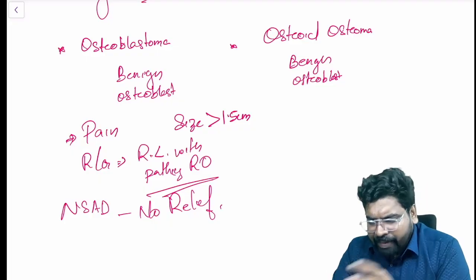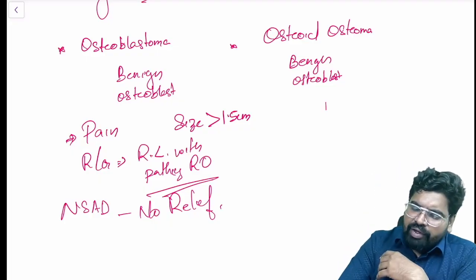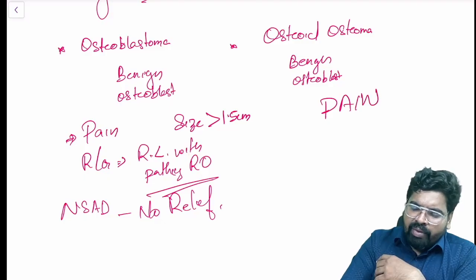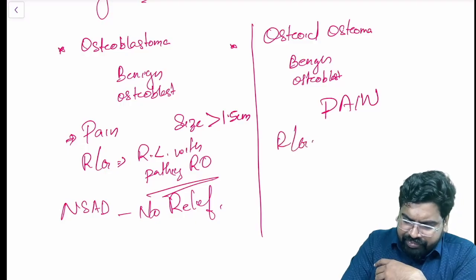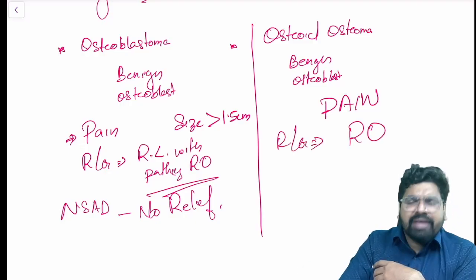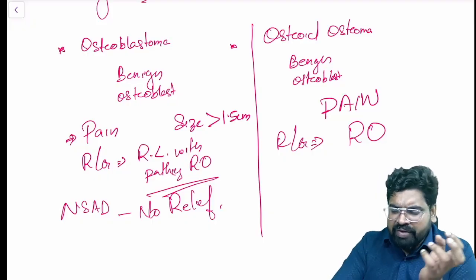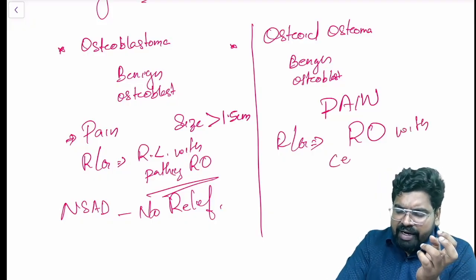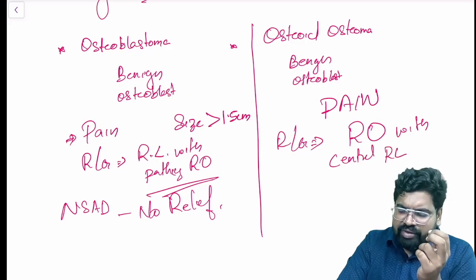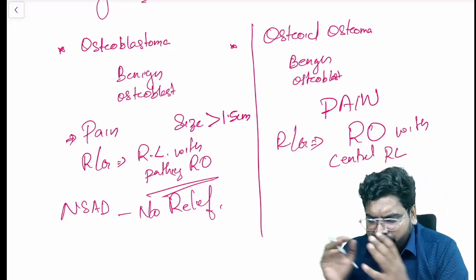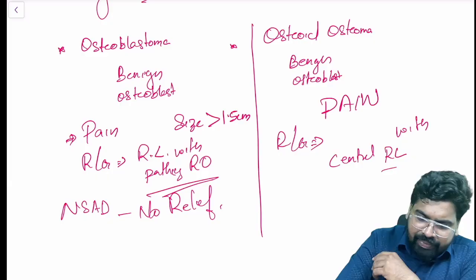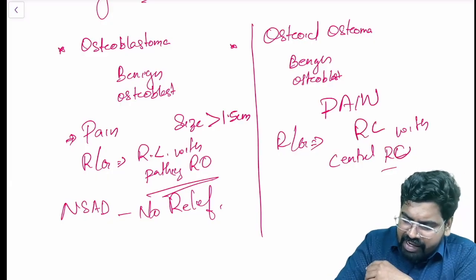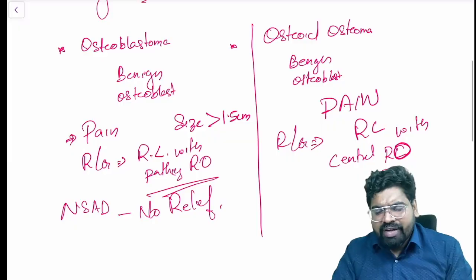Now there is another patient who is coming. He too is having pain, and you take the radiograph. You see a radiolucent lesion with radiopacity in the center.